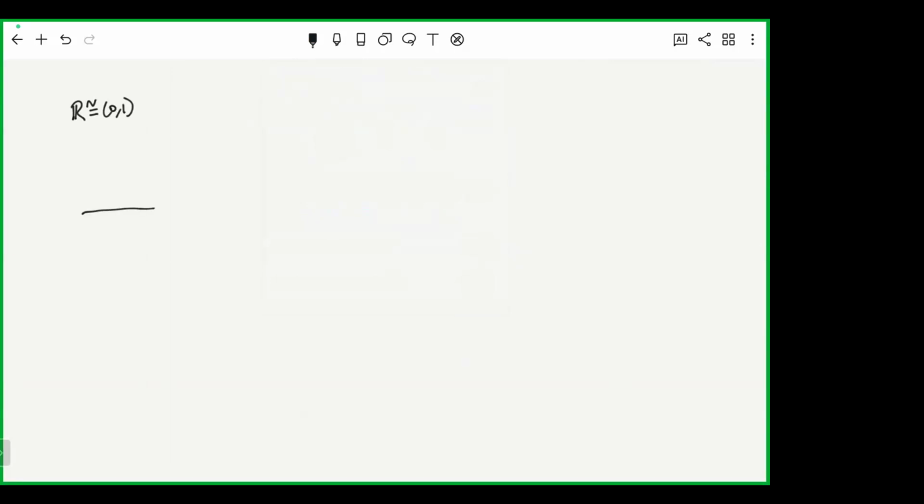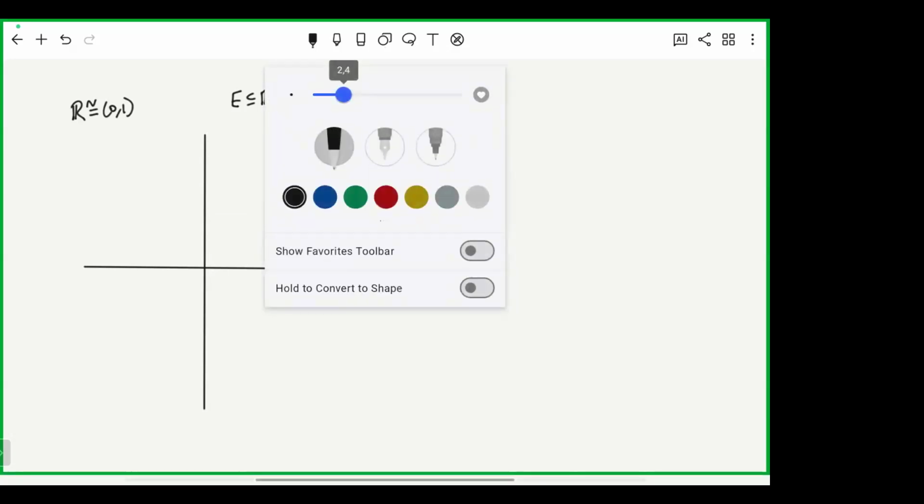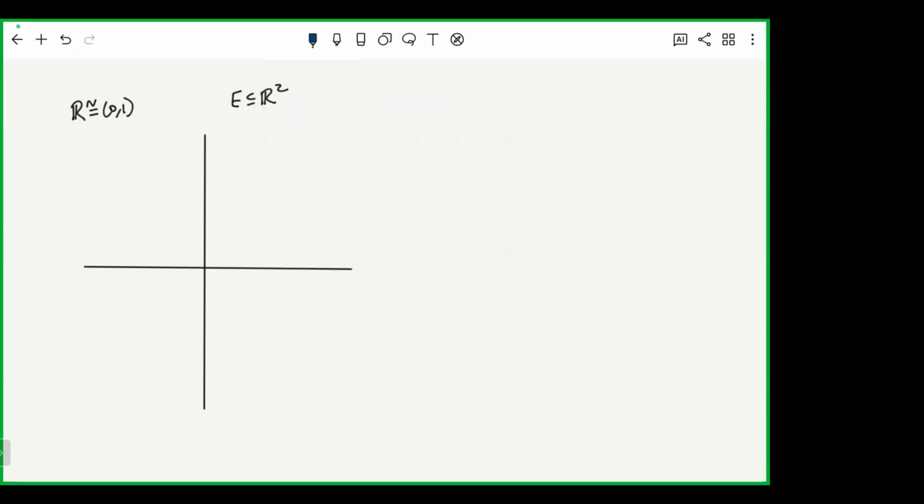Let's think now of a subset of the plane, a relation on R. If I represent this in the plane, something like this.